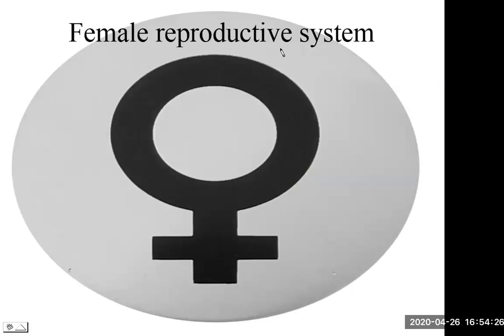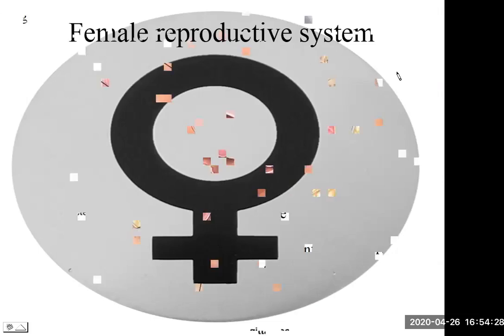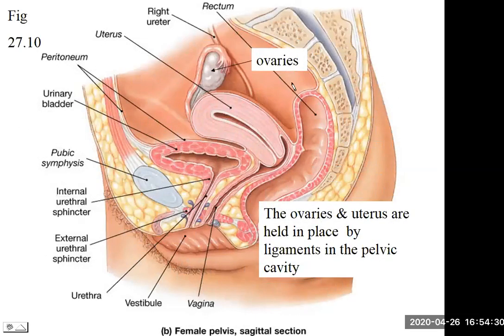All right, we're starting the female reproductive system. So taking a look here now, the female gonad, the ovaries, have an internal position within, we notice here now, the pelvic cavity. So the uterus, fallopian tubes as well, all held in place in the pelvic cavity by multiple ligaments.